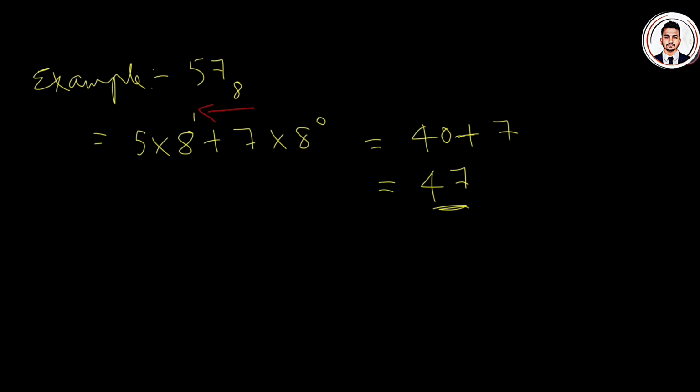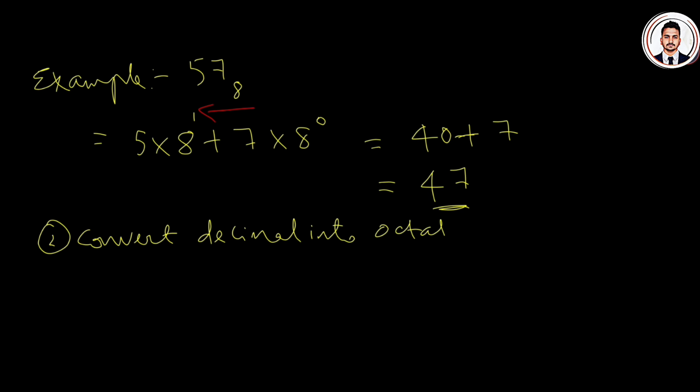Now I will explain the reverse: converting a decimal number into the octal number system. We will take the same example, 47. I have already explained this in the binary number system, and we will follow the same method here.